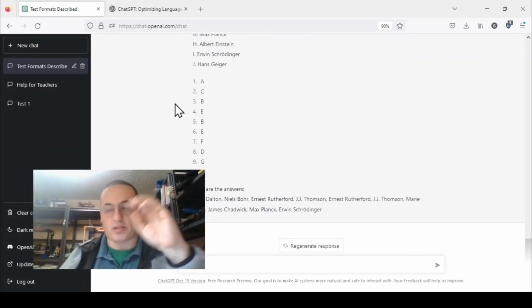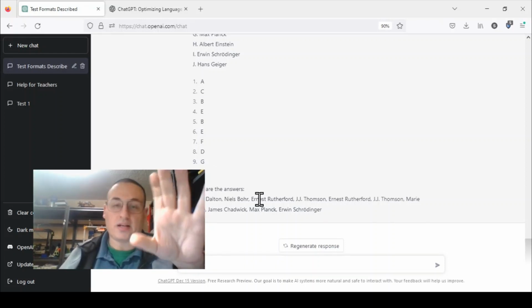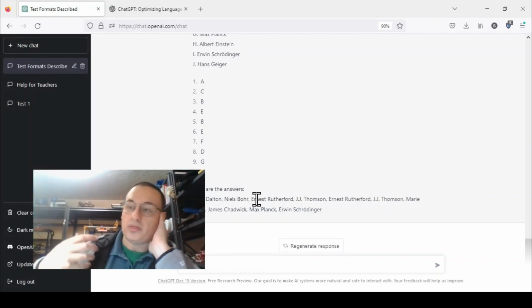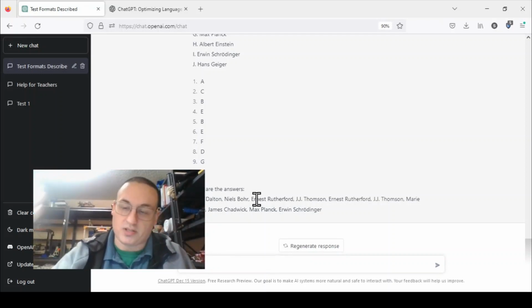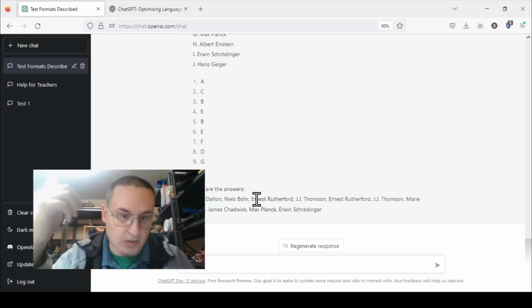And it seems to give the answers in two ways here. It gives it by the letter and by the actual answer. This is actually great because you could do this a few different ways. You could put the scientist pictures in the test itself. You could have students select it based on that or just on going through A through J.